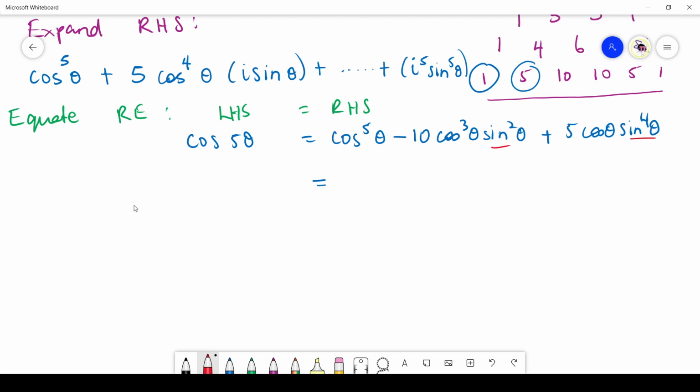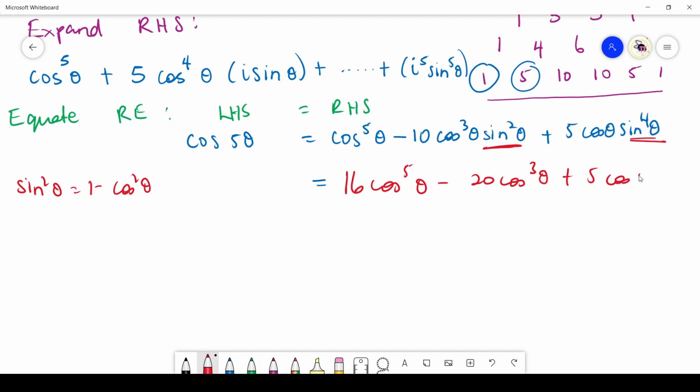So you need to use the identity sine squared theta being equal to 1 minus cos squared theta in order to get rid of these two chunky parts over here. And after using that identity, you should be able to end up getting 16 cos 5 theta minus 20 cos cubed theta plus 5 cos theta.